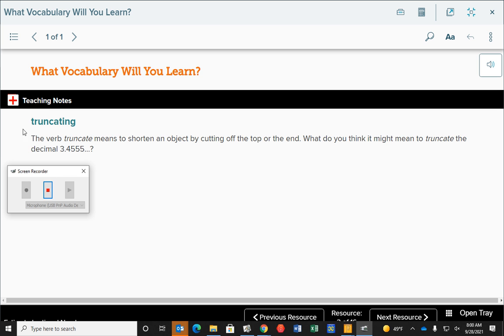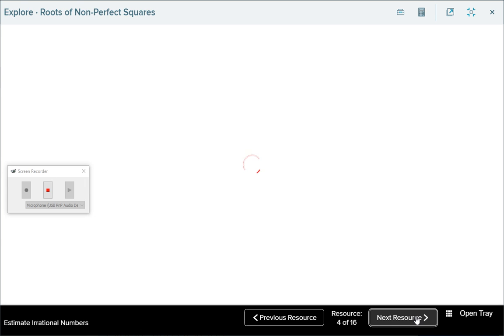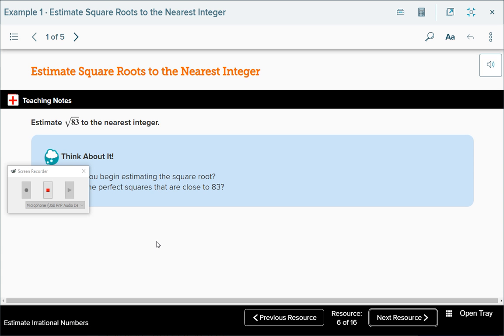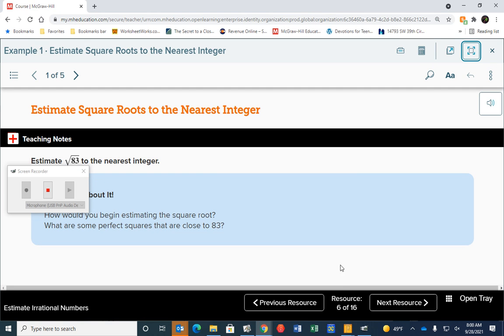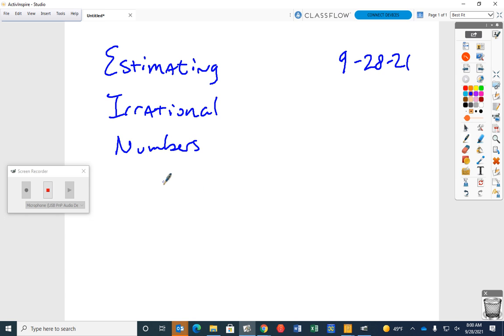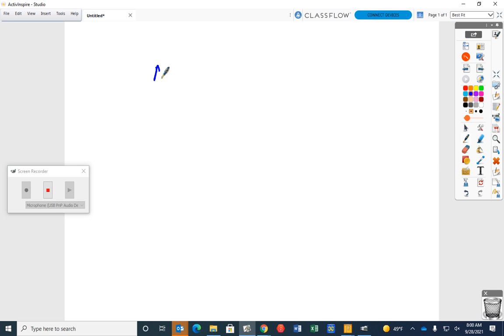All right. First, if we're going to estimate a square root to the nearest integer, I'm going to take this one.